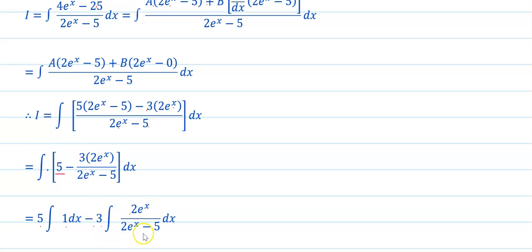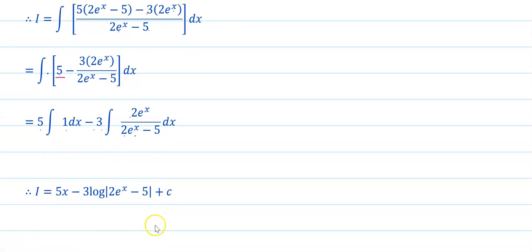Integral of 2e^x upon 2e^x − 5. Now what's happening here? 2e^x is the derivative of 2e^x − 5, and hence the integral of 2e^x upon 2e^x − 5 is log of mod of 2e^x − 5 plus c, and the integral of 1 is x, into 5 is 5x.